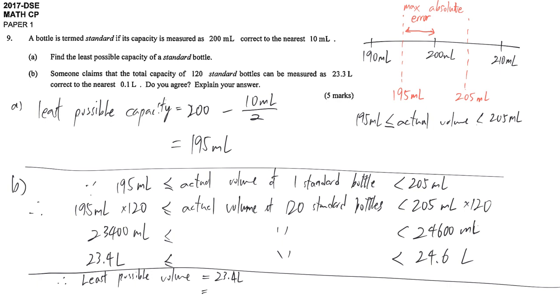Then we write down 23.4 liters, correct to the nearest 0.1 liter, which is larger than 23.3 liters. That's why we show very clearly that it's impossible. So we should write down: do not agree.